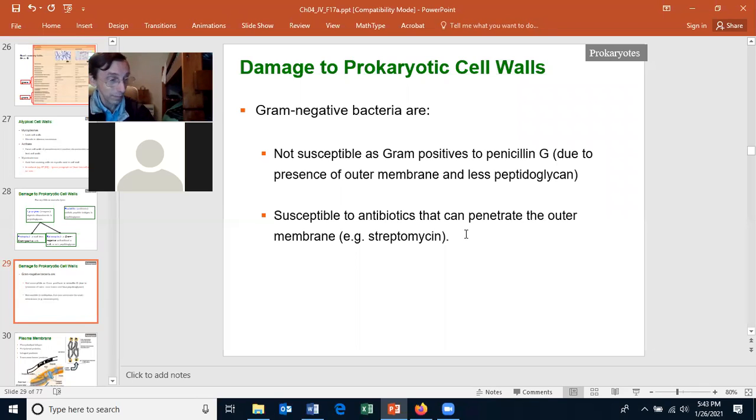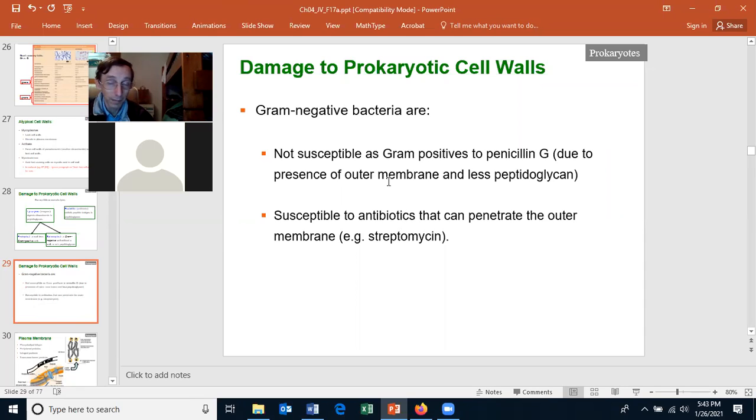Streptomycin is also an antibiotic which can move through mycolic acid because streptomycin is a lipid-soluble molecule. So there are antibiotics that work on gram-negative bacteria, such as streptomycin.